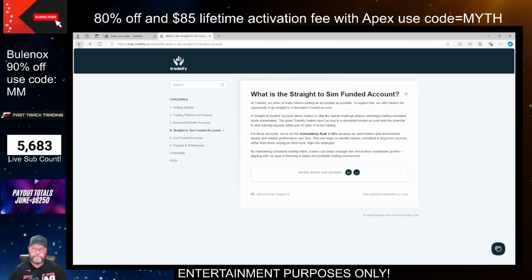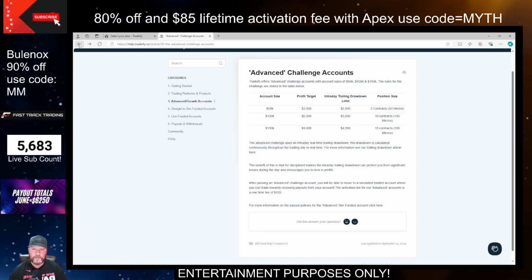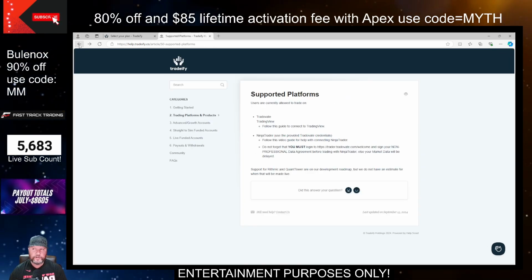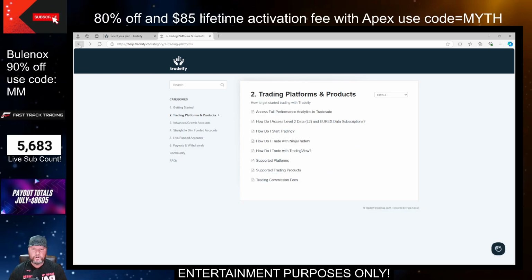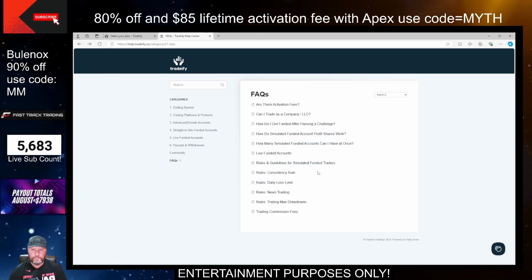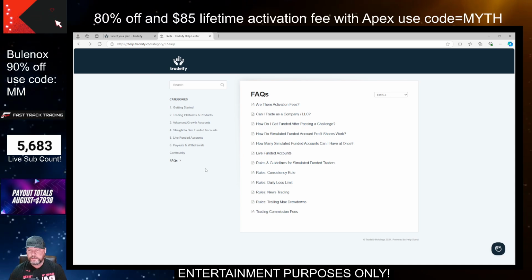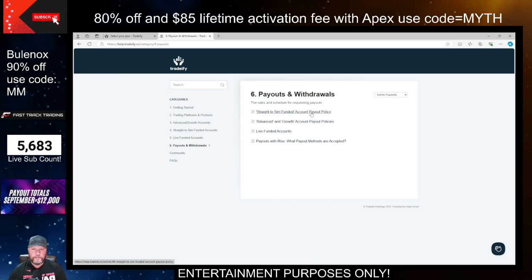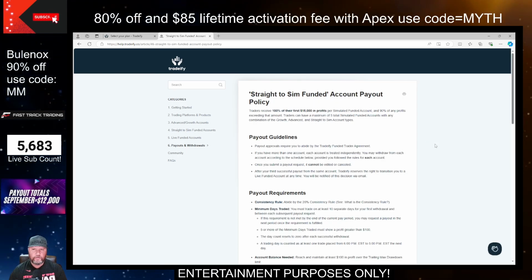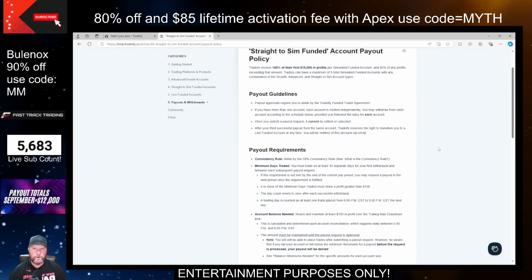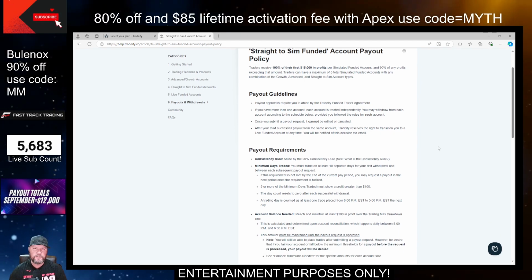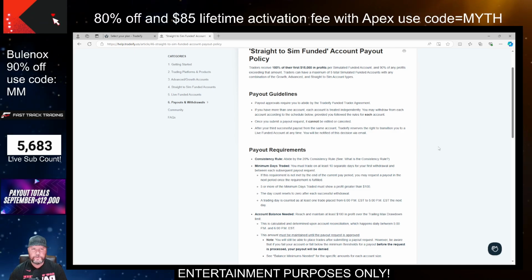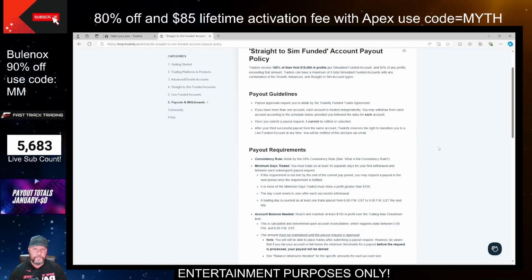Now, they do have payout windows, much like a couple of other companies. So you can request payouts twice a month. Let's go ahead and see if we can find that link. Here it is. Let's just take a look at the straight to sim payout policy. You receive 100% of the first $15,000 in profits, 90% of any profits exceeding that amount.